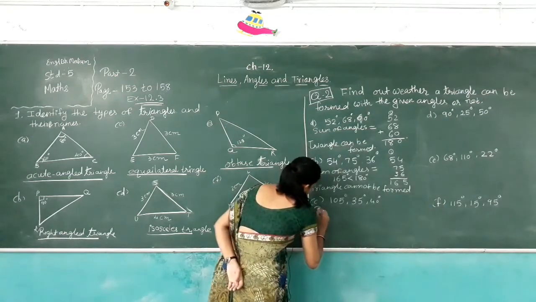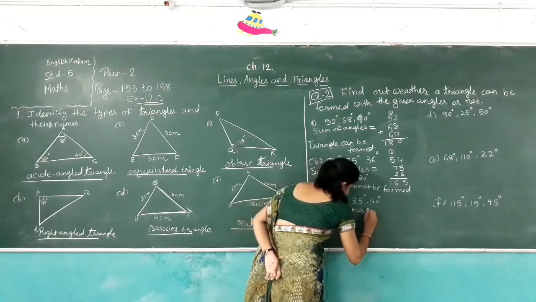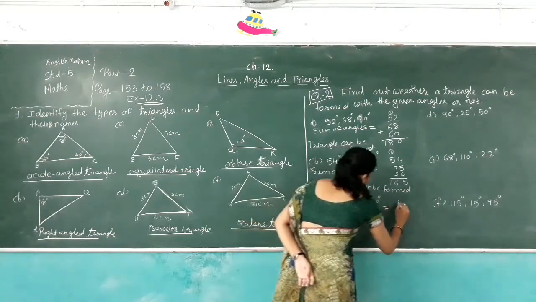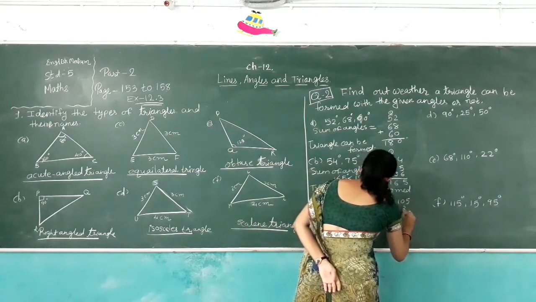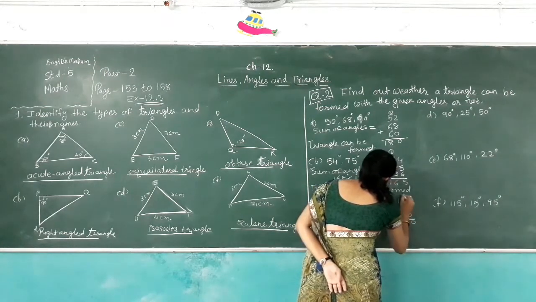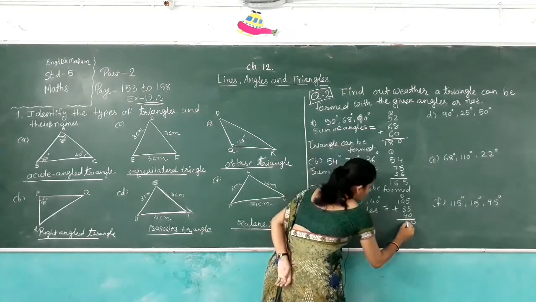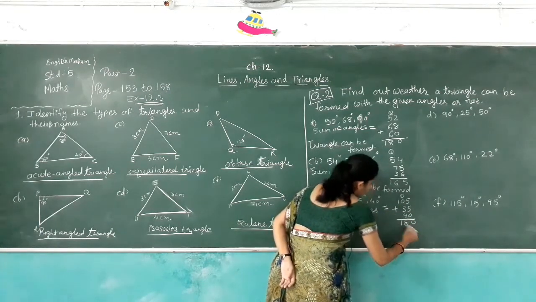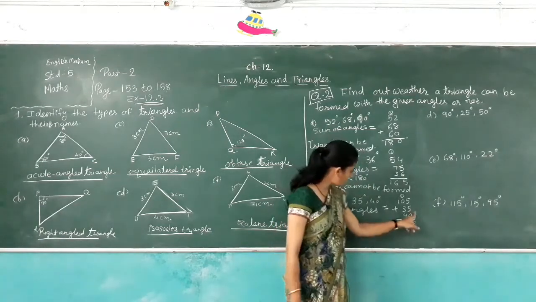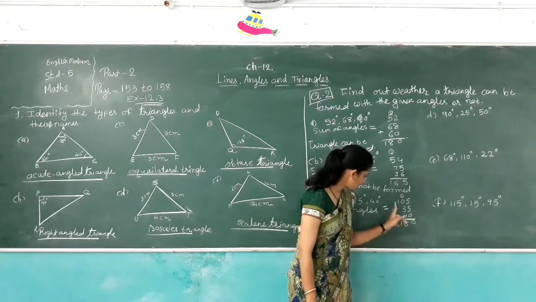Again, the sum of angles is equal to 105, 35 and 14. 5 plus 5 is 10, carry 1, 3 plus 4 is 7 plus 1 is 8, and here 1.